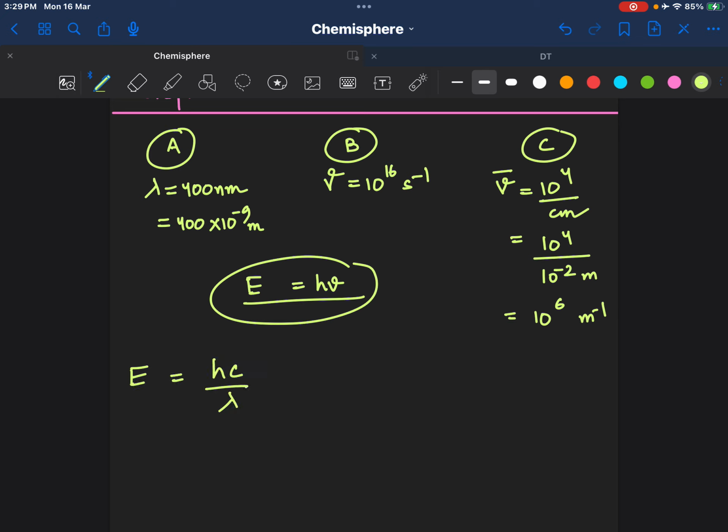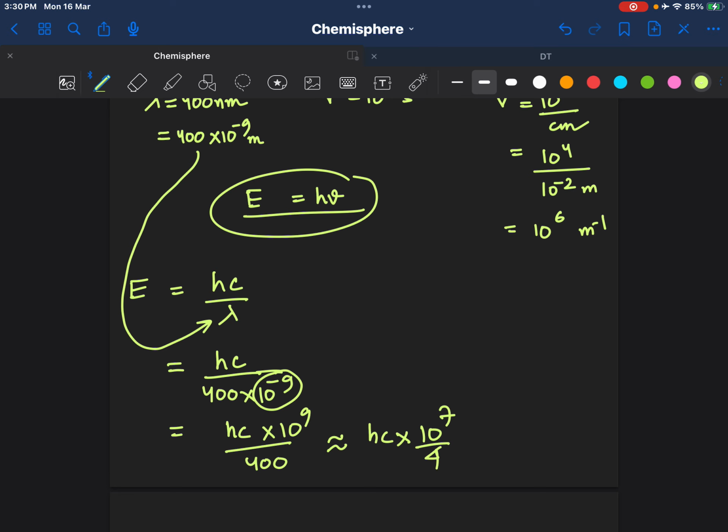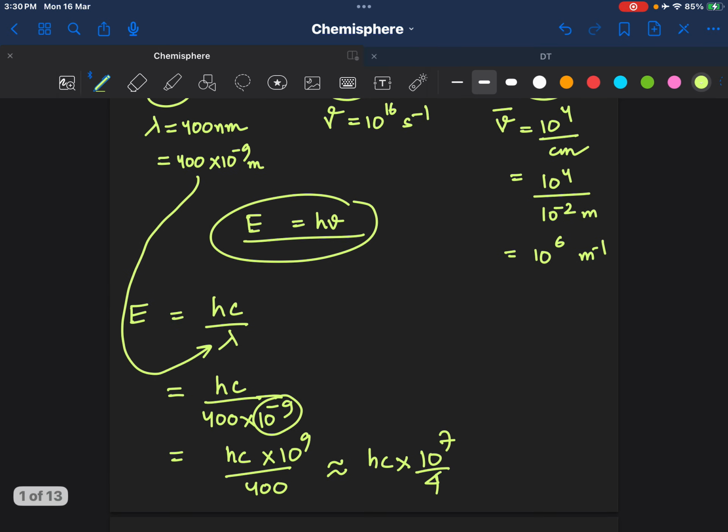Substituting, energy is hc by 400 into 10 to the power minus 9, or hc into 10 power 9 by 400, which is approximately hc into 10 power 7 by 4. So the energy of A is around 10 power 7 hc.